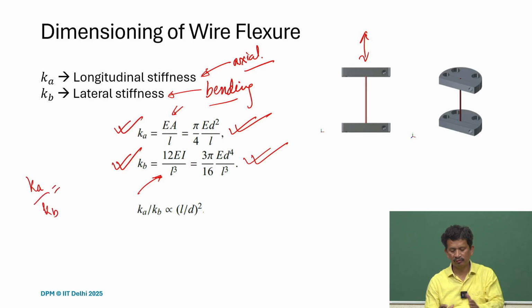Because what we wanted to know is this Ka versus this Kb, and we are claiming that Ka is way higher than Kb, but how to ensure that?